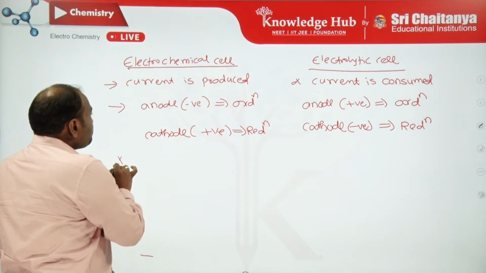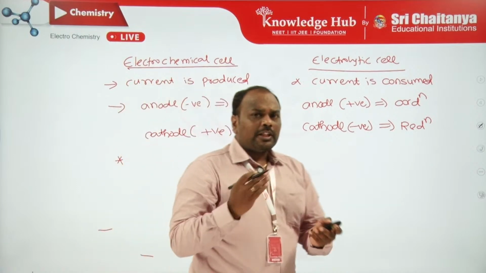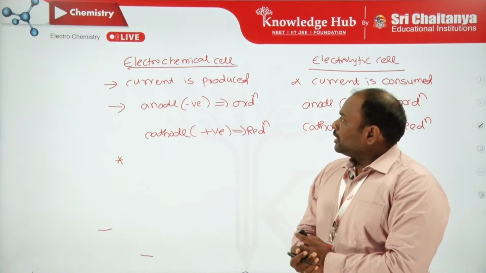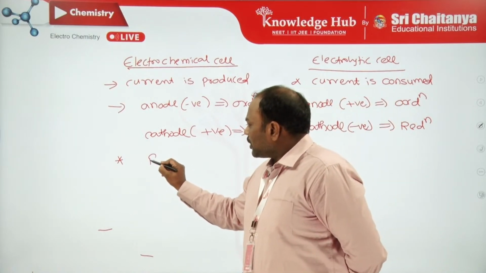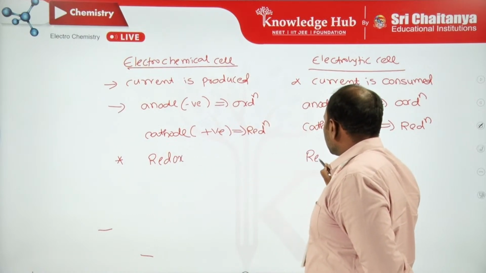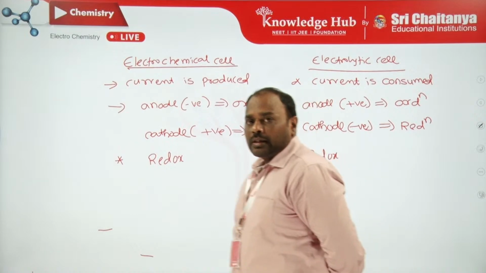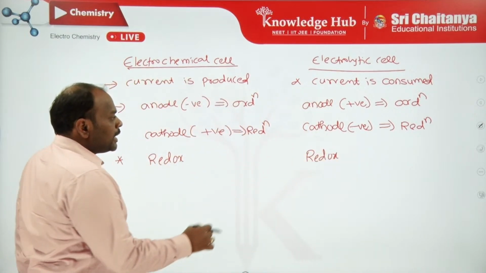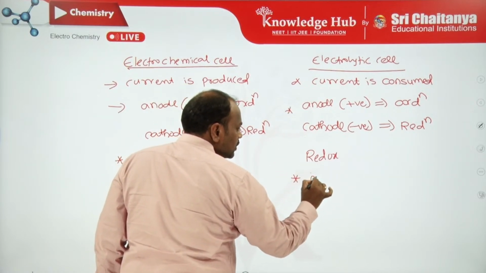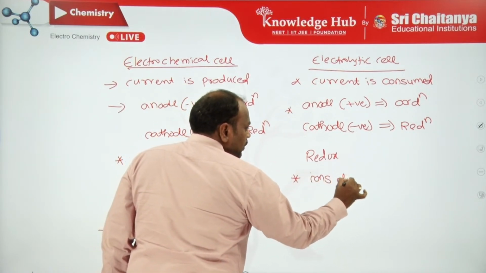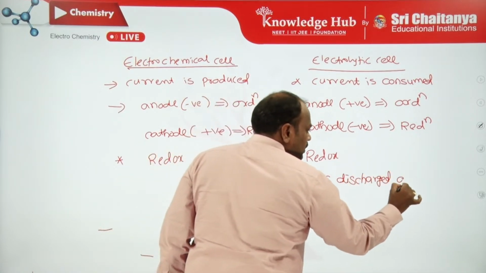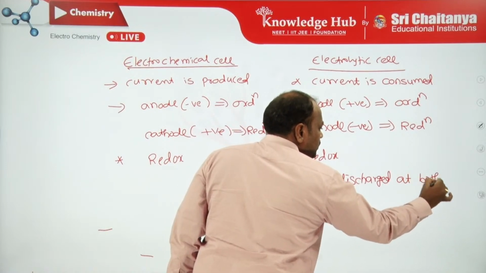Next, what are the differences between the electrochemical cell and the electrolytic cell? In this one, a redox reaction takes place, and here also a redox reaction takes place. But one more major difference is that here ions are discharged at both electrodes.